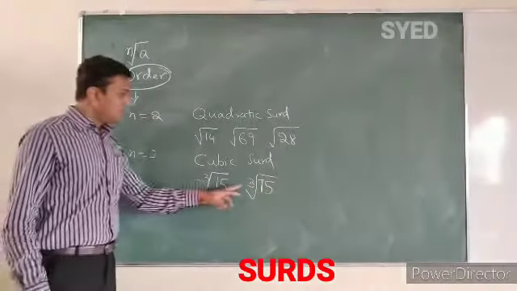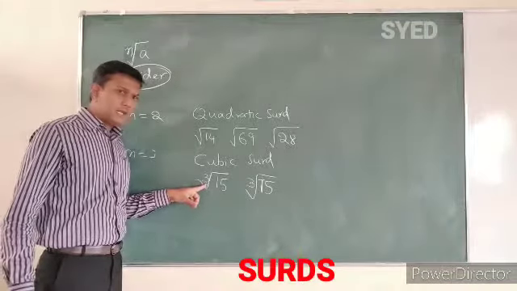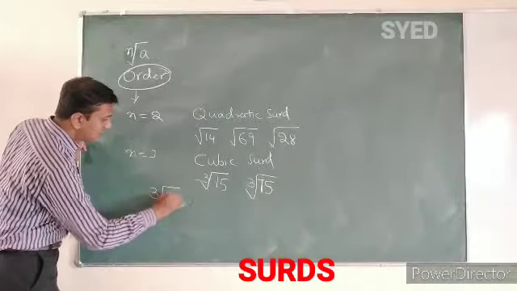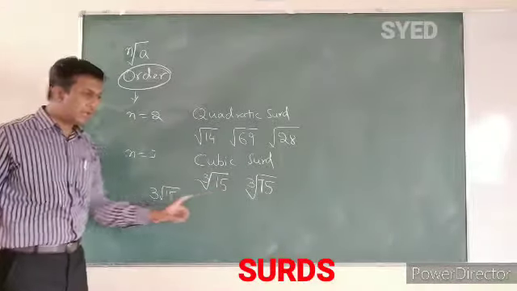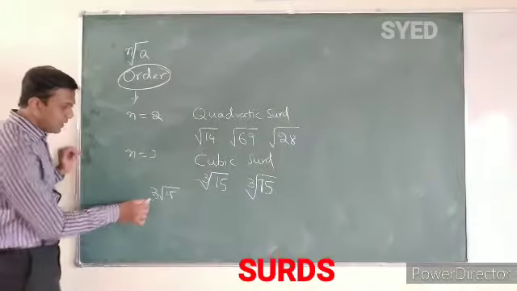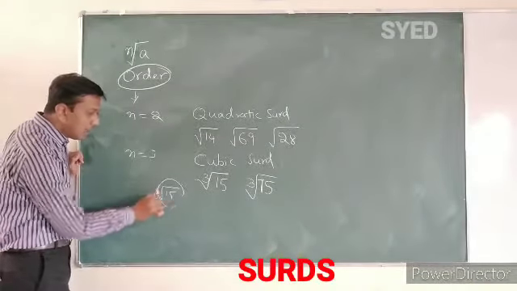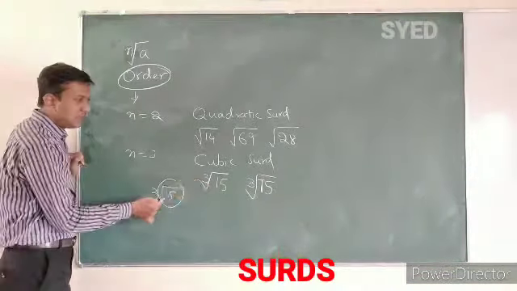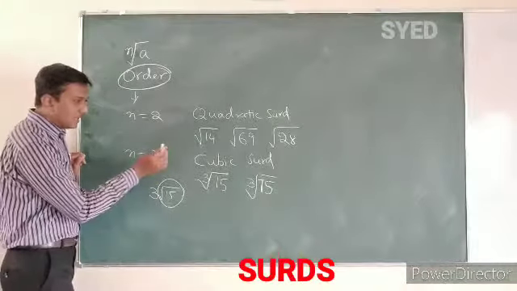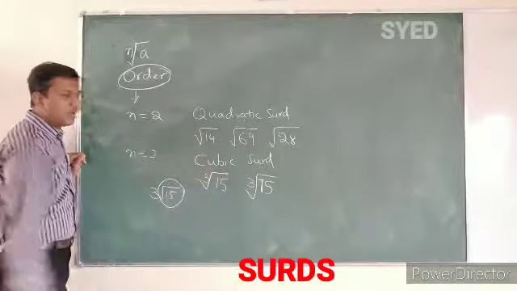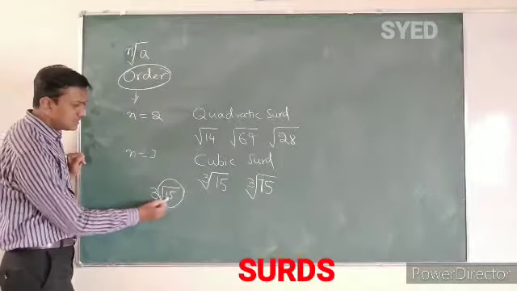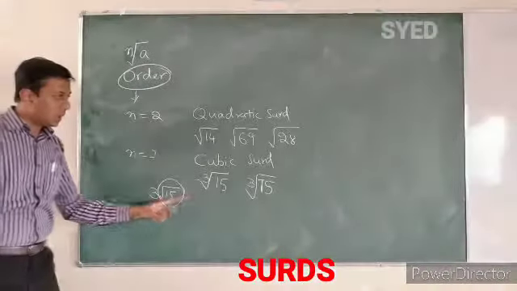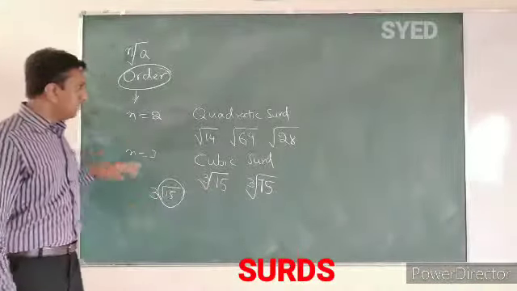But some students write the 3 outside, and there is a lot of difference between cube root 15 and 3 into root 15. Now 3 is in multiplication with the quadratic surd, root 15. So be careful while writing the surd. Whatever the order is, you have to write within that symbol. This is 3 into root 15, but this is cube root 15. Here the order is 2 and here the order is 3.